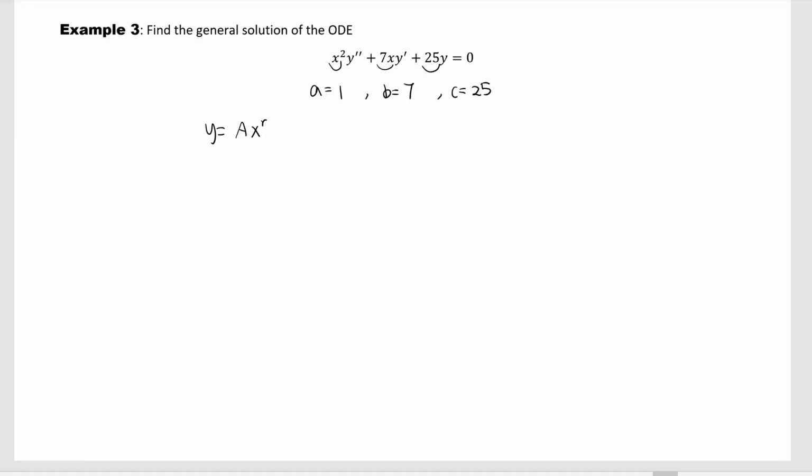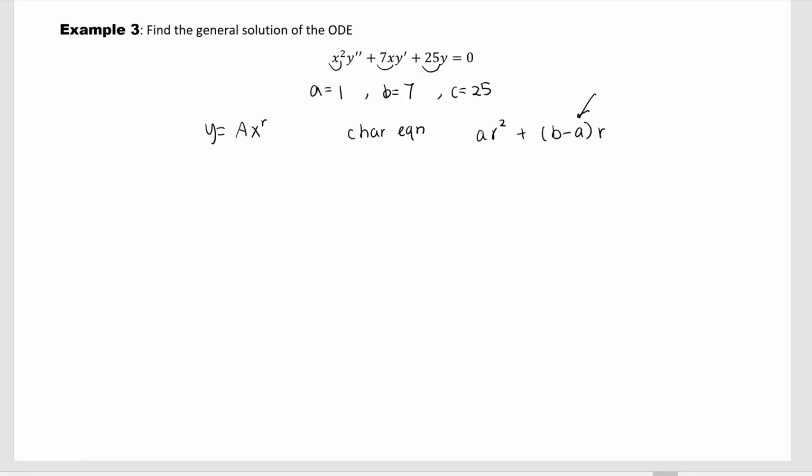And then the characteristic equation is a r squared plus, do you remember it? Do you know what that is? It's not b r, it's b minus a, times r. That's the main difference. If we have a linear ODE with constant coefficients, this is just b.